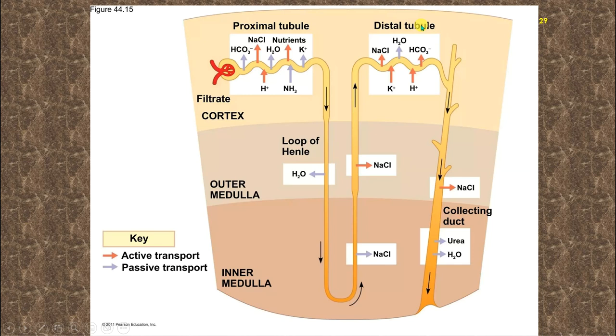In the distal tubule, once again, the sodium chloride, water, bicarbonate ions, then the potassium and hydrogen are coming inside. Net total, in spite of that, finally the active transport of the sodium chloride takes place, and the collecting duct ultimately will contain the water, urea and other unwanted materials as the components of the urine.